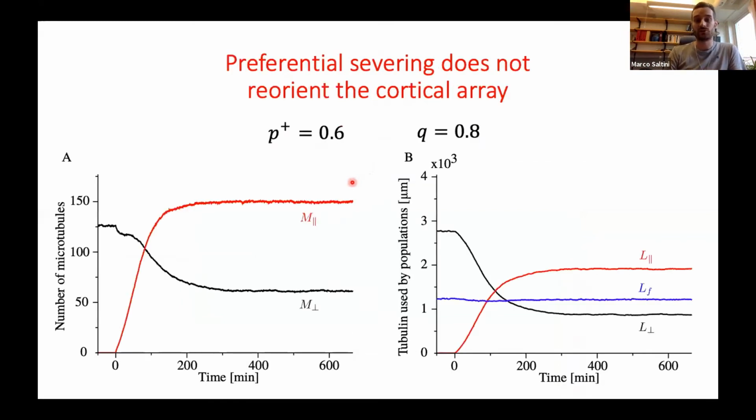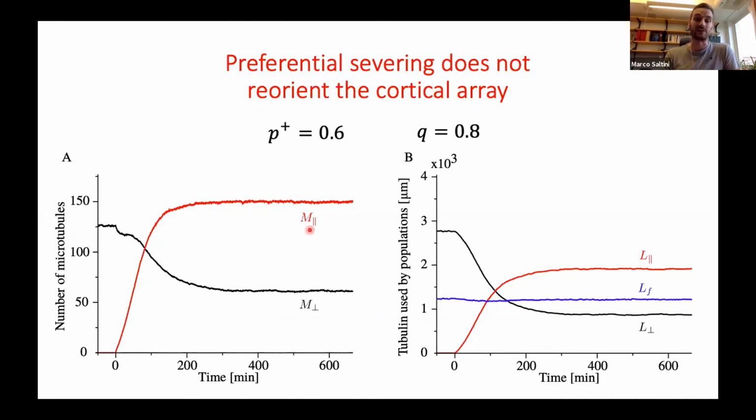Even in the case in which we study our model using unrealistic parameters, in this case the probability of stabilization after severing for a newly created plus end, we can observe some degree of reorientation of microtubules as a function of time.